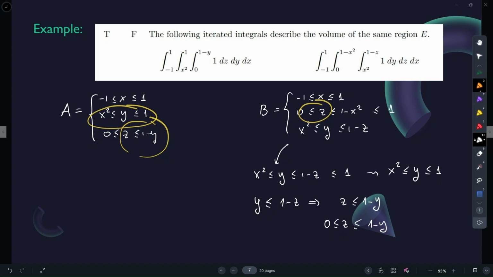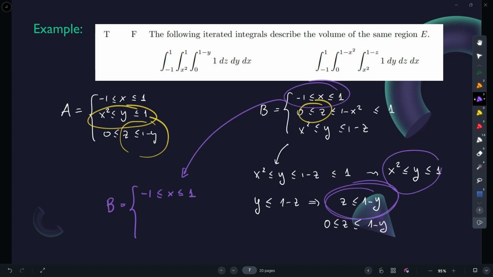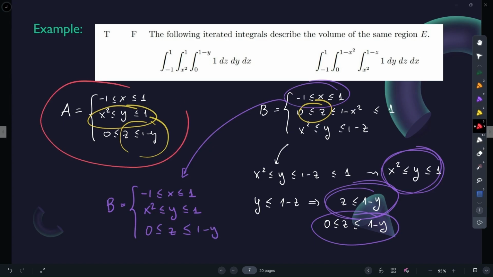So if I put it all together, for B, I can also define it as x from -1 to 1, y between x squared and 1, and z between 0 and 1 minus y, which is precisely the same thing we had here.